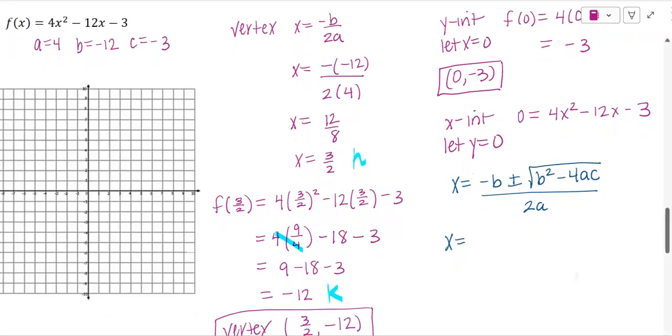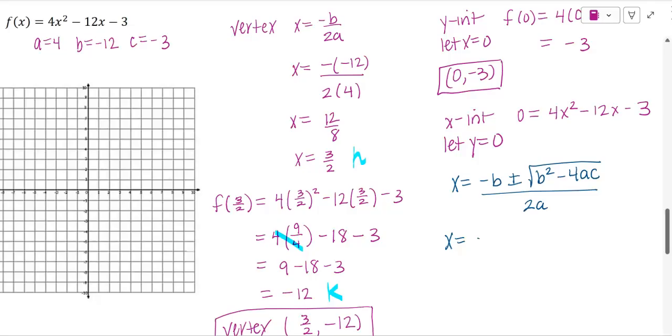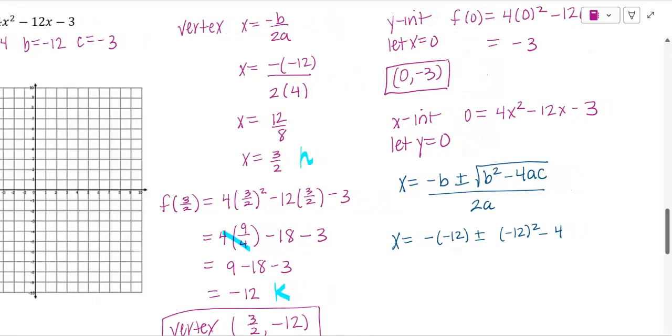So negative negative 12, plus or minus the square root of negative 12 squared minus 4 times 4 times negative 3, all divided by 2 times 4.